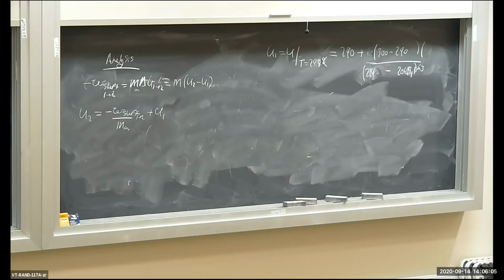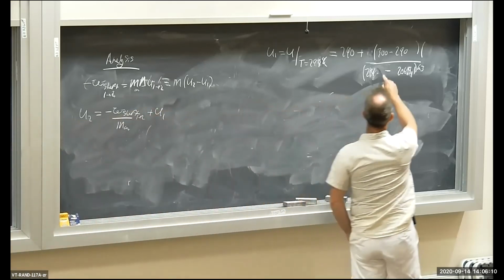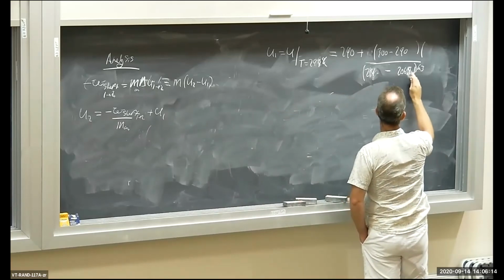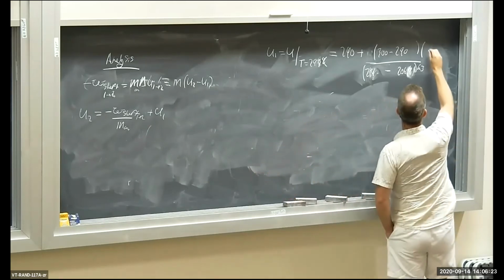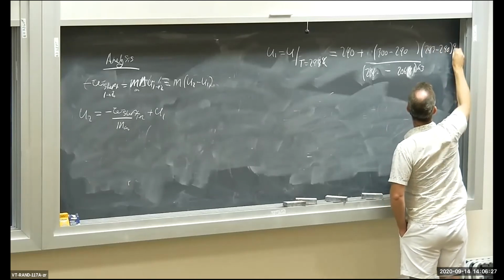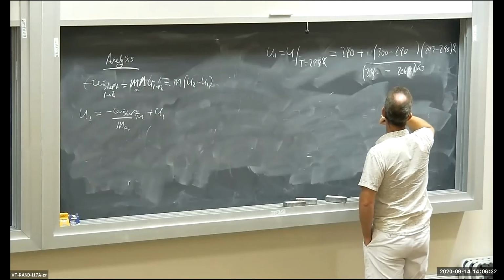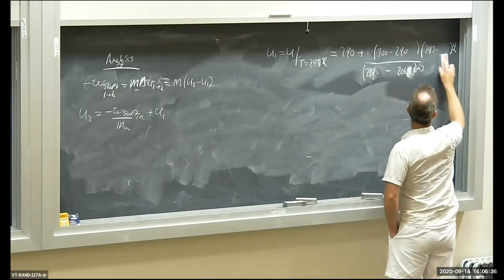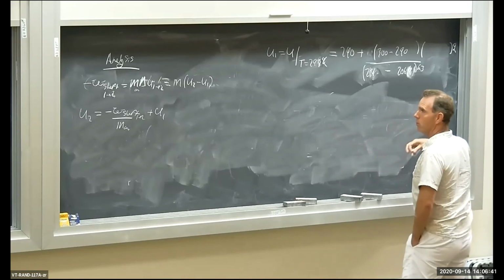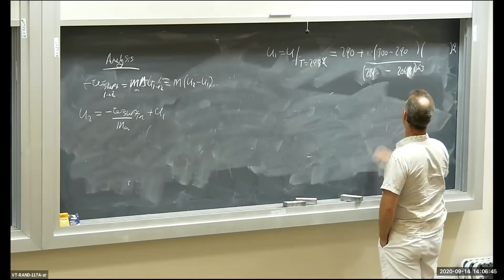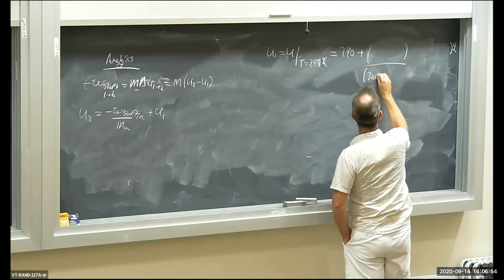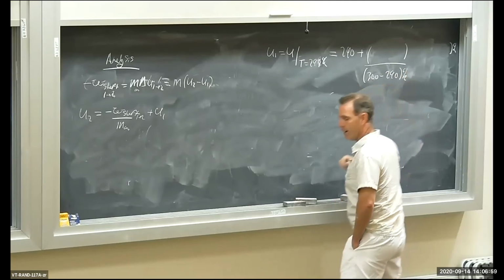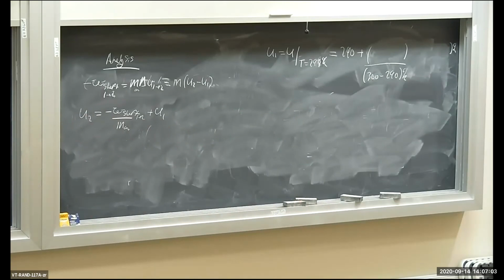Okay, so 290 plus delta temperature over delta U... Let's see here, I need to do the opposite. 300 minus 290 degrees Kelvin. And then I've got to look up the values again, I should have done this beforehand: 214.07 and 206.91.